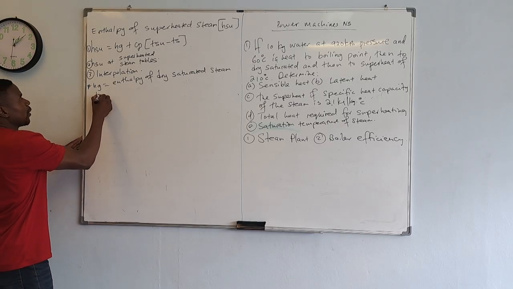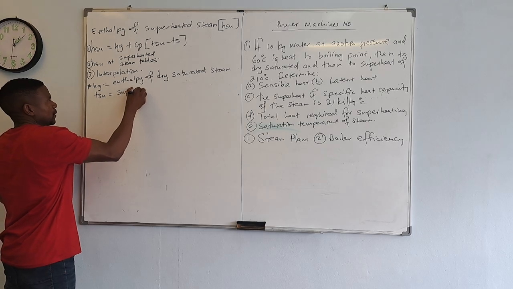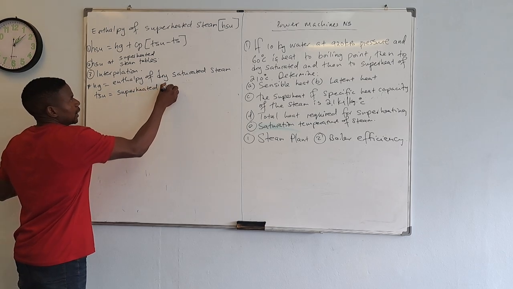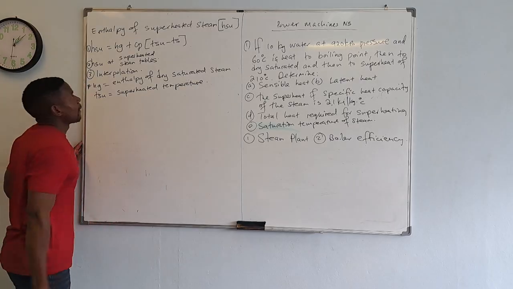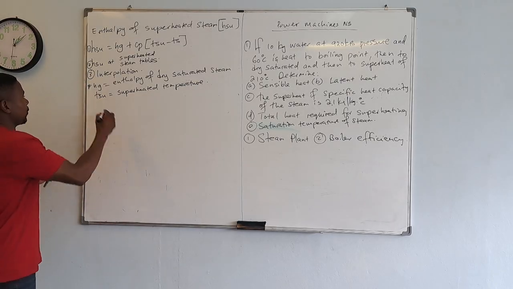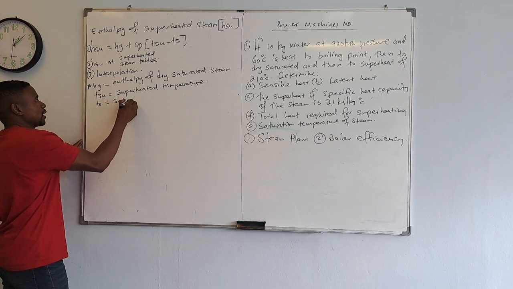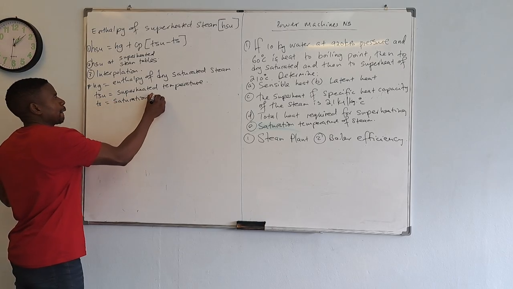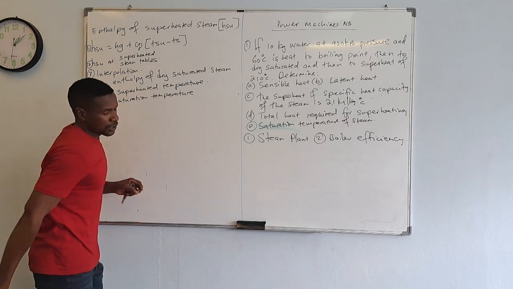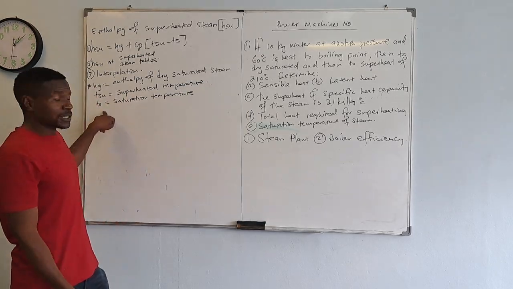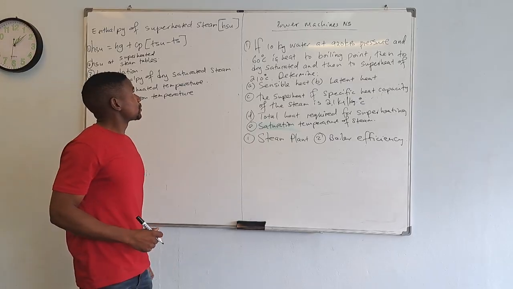Then we have our Tsu, which is our superheated temperature, and the last part, Ts, which is our saturation temperature. The saturation temperature, Ts, is also read from the steam table.